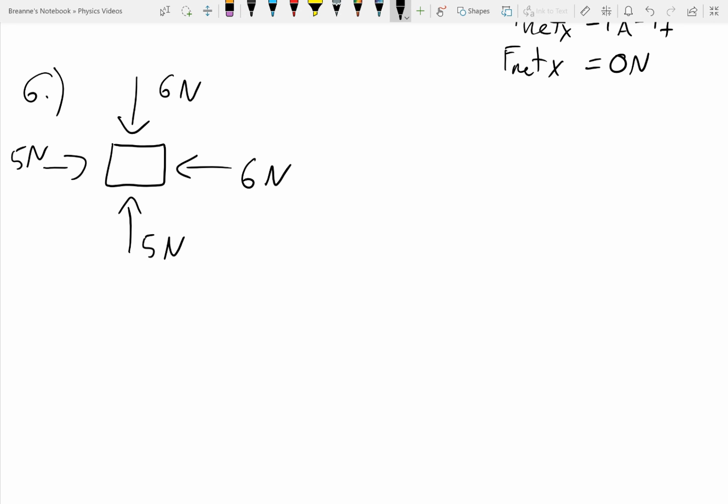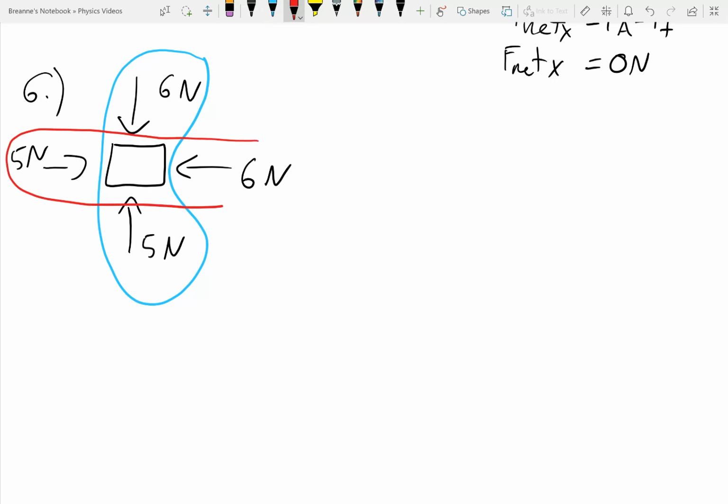First thing you need to do is realize that these forces go together and these forces go together. They cannot interact. So you have a 6 going one way, 5 going the other. They're going in opposite directions, so you end up subtracting. So you get 6 minus 5, which gives you 1 newton, but that is to the left.